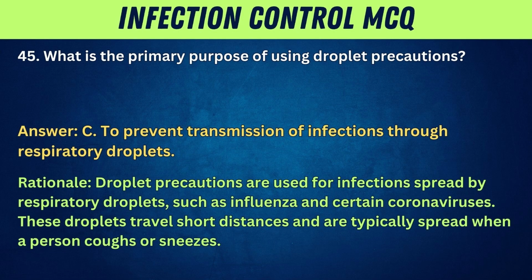Answer: C. To prevent transmission of infections through respiratory droplets. Rationale: droplet precautions are used for infections spread by respiratory droplets, such as influenza and certain coronaviruses. These droplets travel short distances and are typically spread when a person coughs or sneezes.